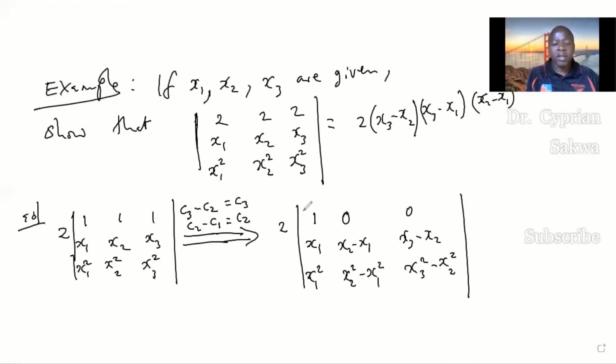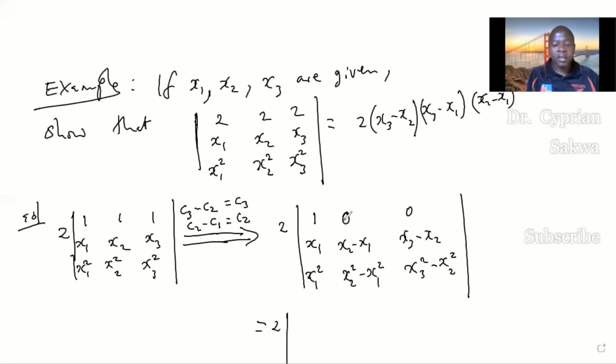I can now find the determinant along this row. So it's this one times the determinant of the matrix that is formed when you delete the row of 1 and the column of 1. So what is that matrix? That will be 2 times this one.